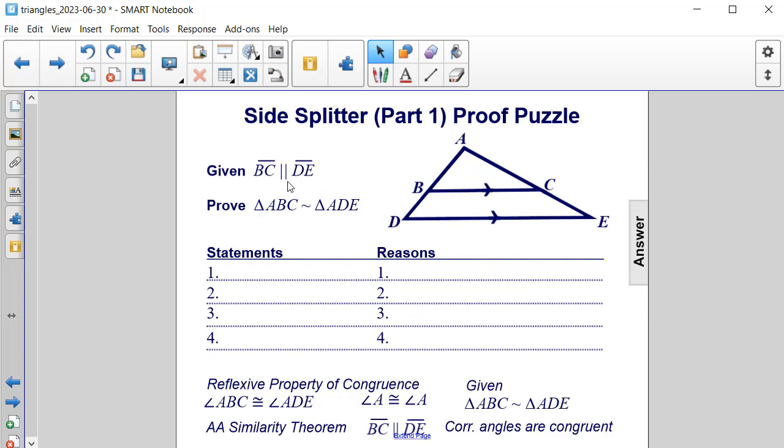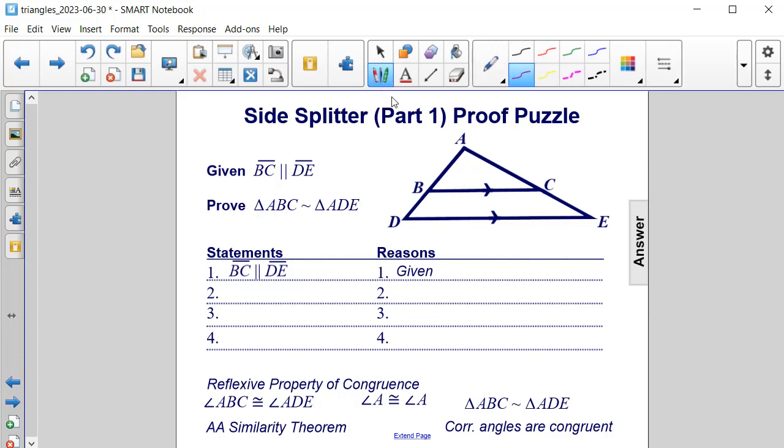Well, with any proof, whether it's flow proof, paragraph proof, or two-column proof, we always start off with what is given to us. And we are given that segment BC is parallel to segment DE. And now that we have parallel lines, there are different pairs of angles that are congruent to one another with parallel lines.